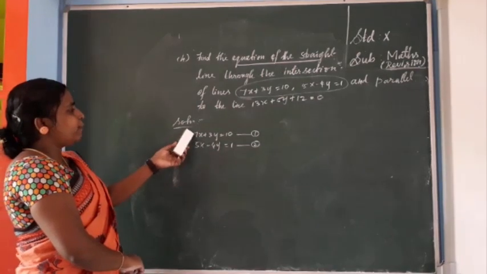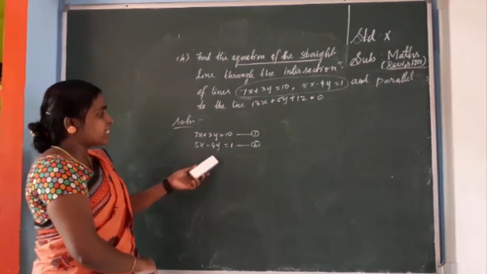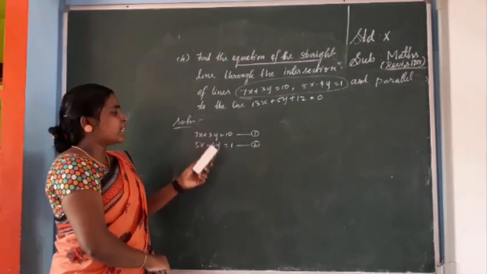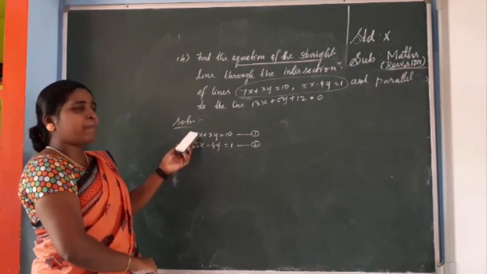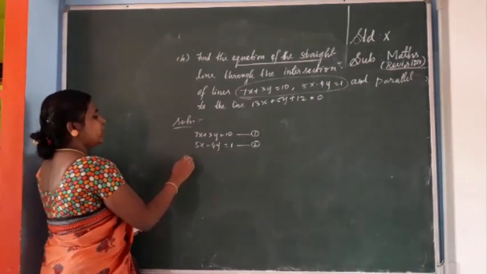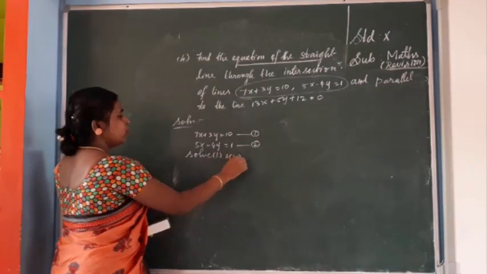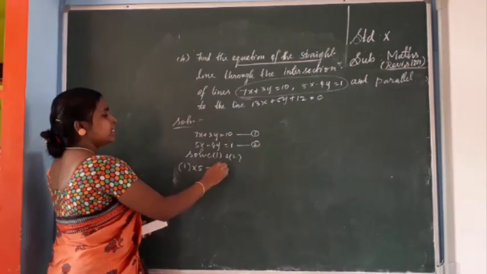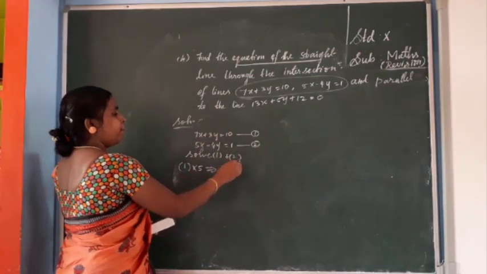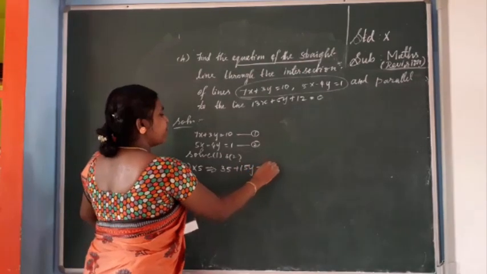So you multiply the first equation by 5 and the second equation by 7, otherwise the first equation by 4 and the second by 3. Now I am going to multiply the first equation by 5. So first equation into 5: 7 fives are 35x plus 3 fives are 15y equal to 10 fives are 15.